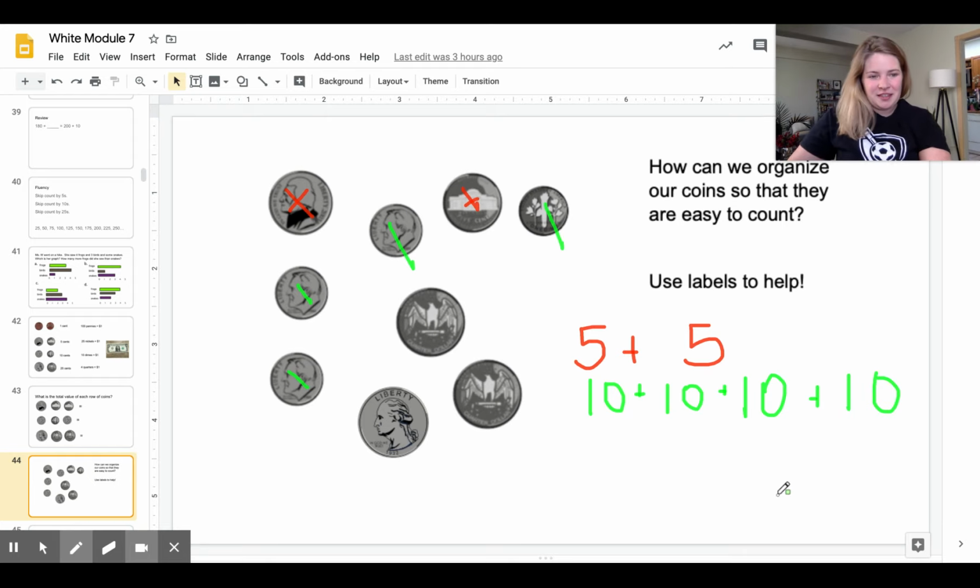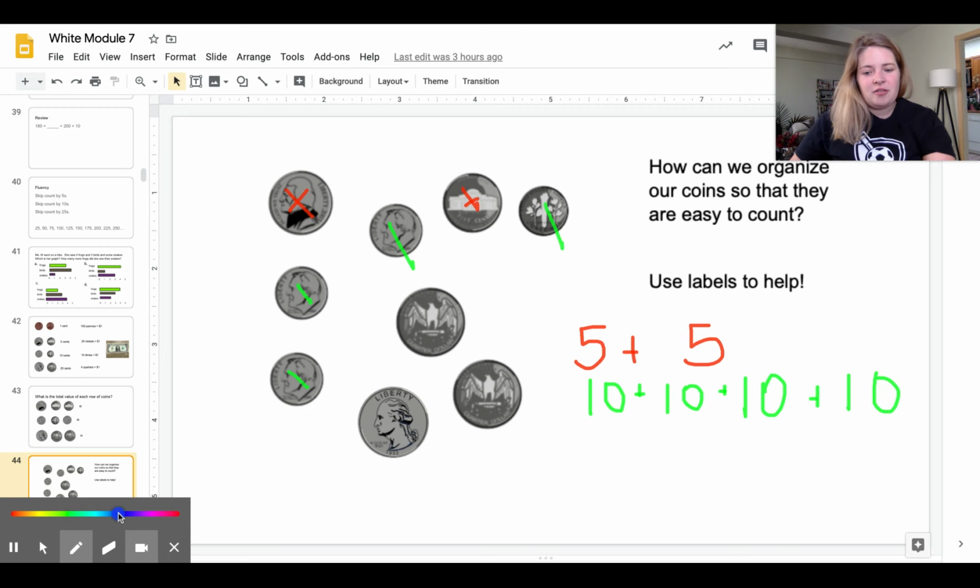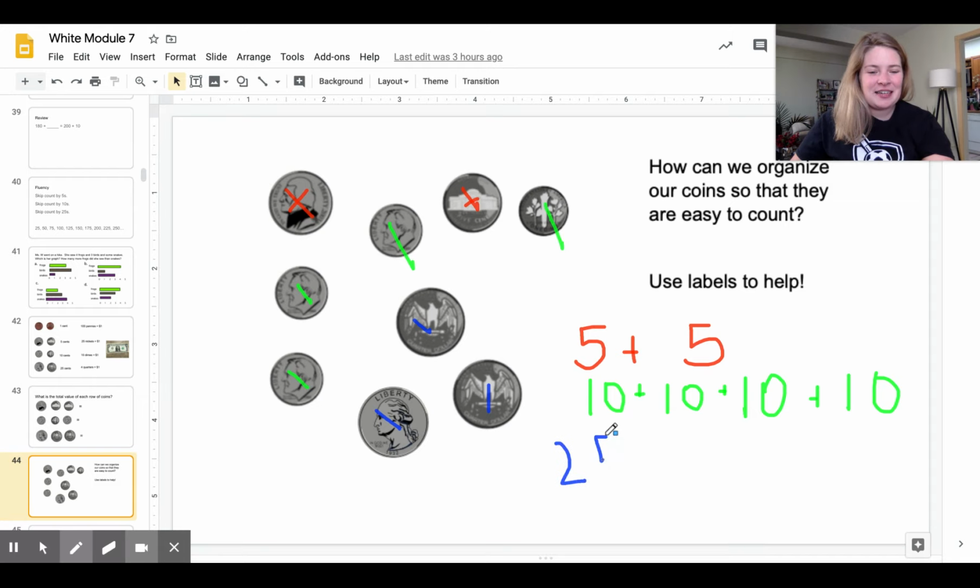Don't worry about solving this yet because I'm going to show you how we can figure it out. Now let's do blue for quarters. 1, 2, 3. Oh, just like in the previous problem. 25 plus 25 plus 25. Good work.